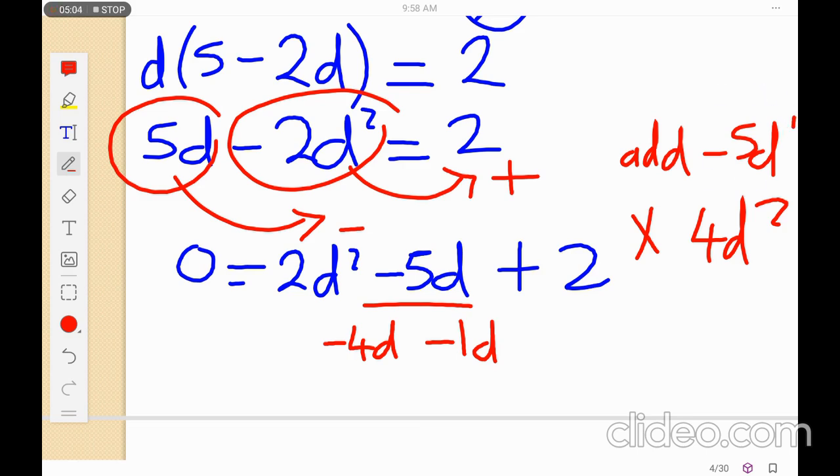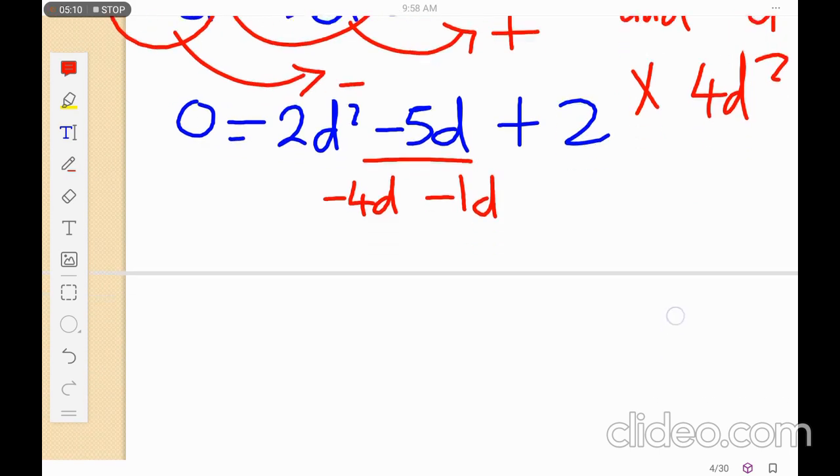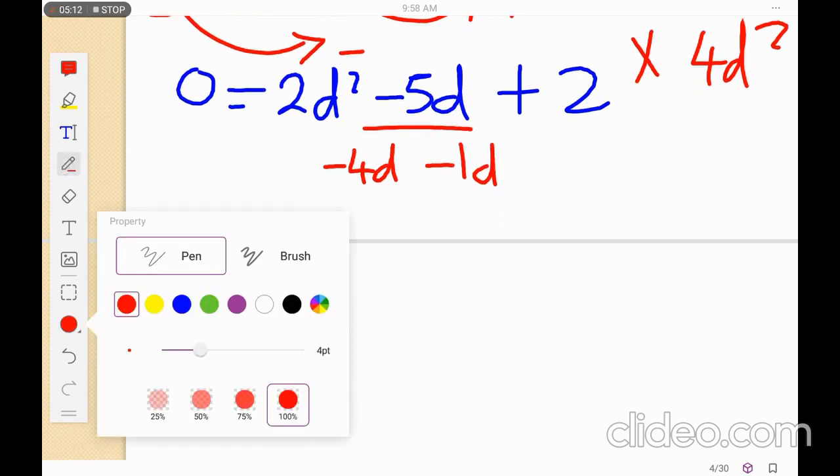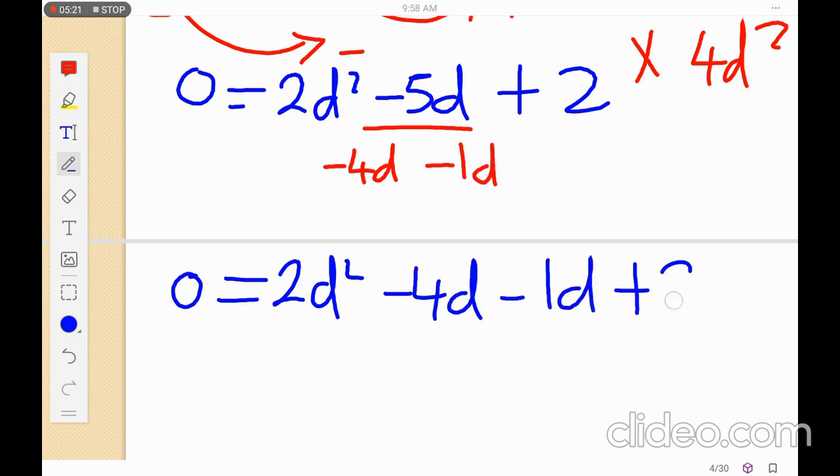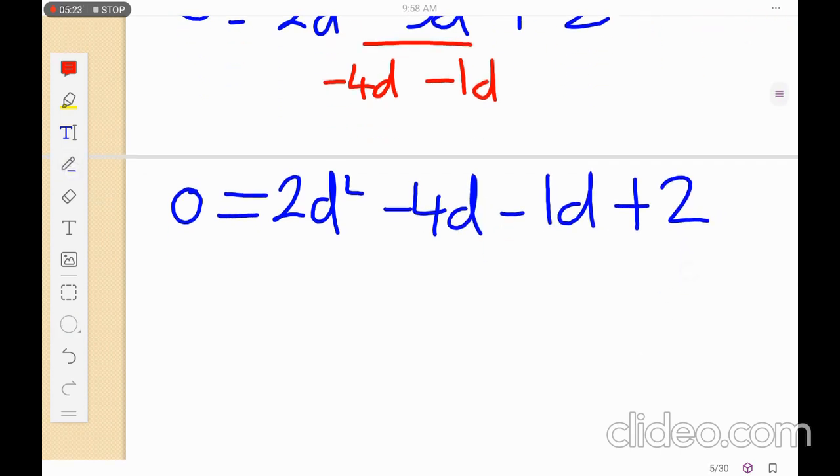If I multiply, I get 4d squared. Okay, so that's our answer then. Now I can rewrite that as 0 is equal to 2d squared minus 4d minus 1d plus 2 there. Okay, let's factorize those groups.